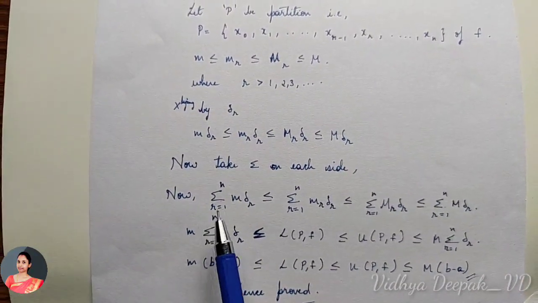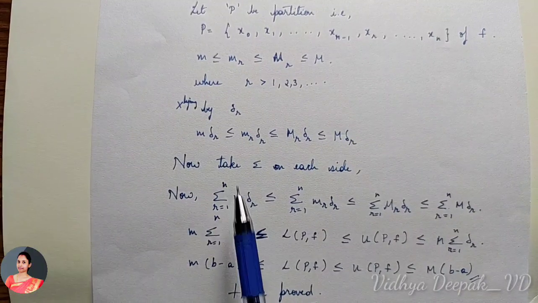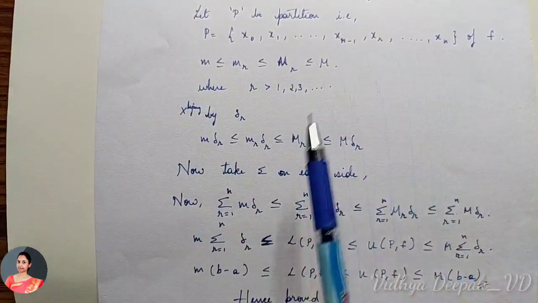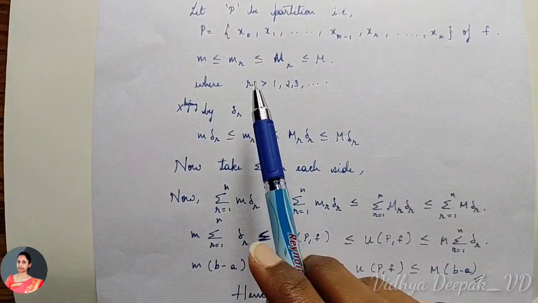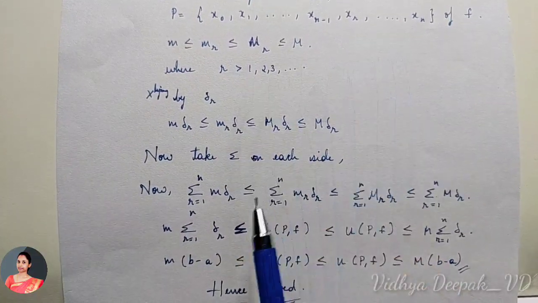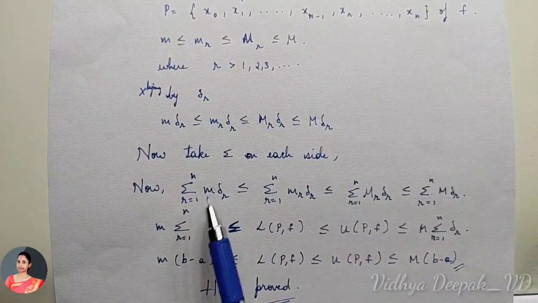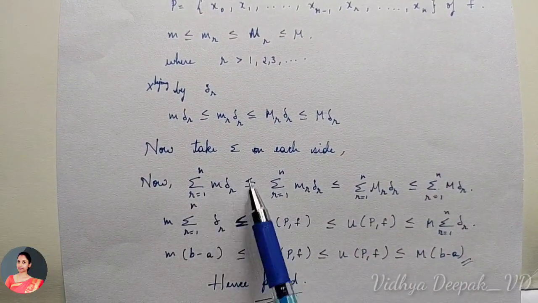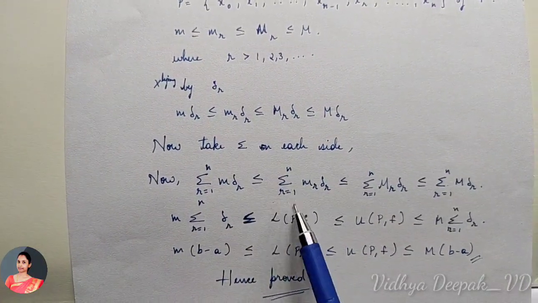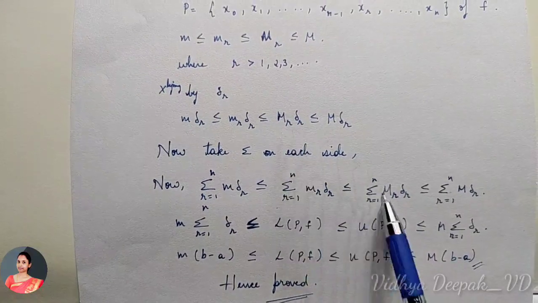Taking summation on each side, what do we get? We take r from 1 to n. Why? We have the partition from 0 to n, but we take r from 1 to n because r is 1, 2, 3, 4, up to n. So we have the summation of m_r delta r less than or equal to the summation of M_r delta r, writing the summation with r from 1 to n for each term.